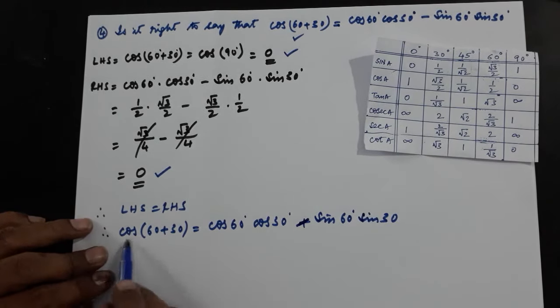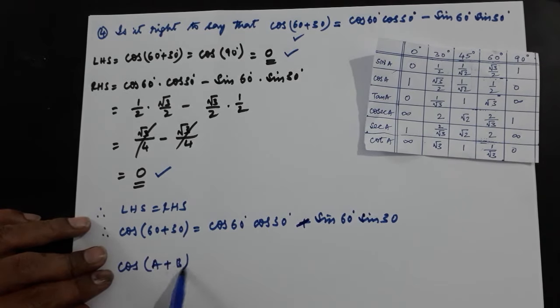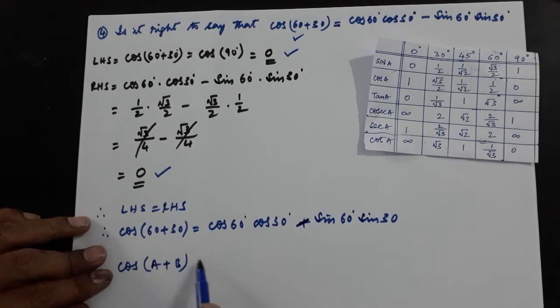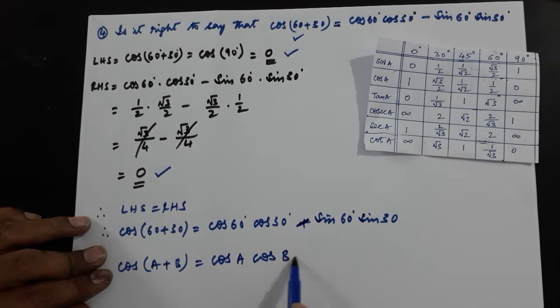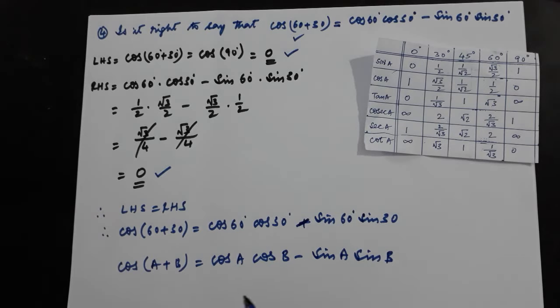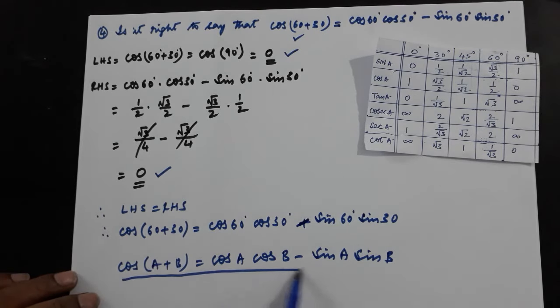So if I write a formula for this, it is cos A plus B. Okay, 60 is A and 30 is B. We have cos A cos B minus sin A sin B. So earlier we had sin A plus B, which is sin A cos B plus cos A sin B. Here it is cos A plus B, which is cos A cos B. So both are cosines.